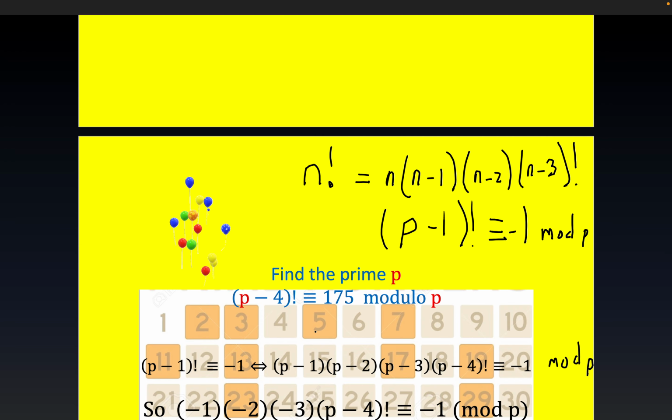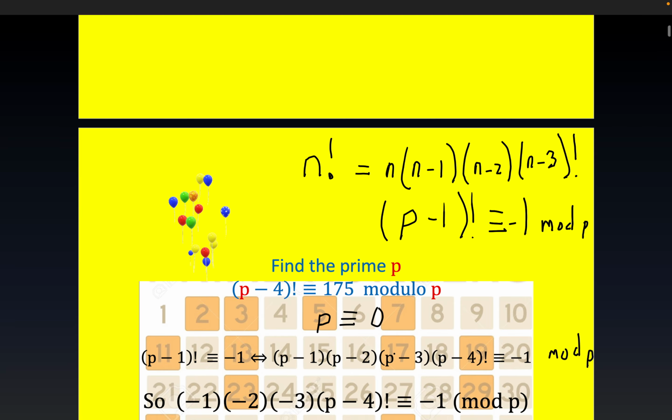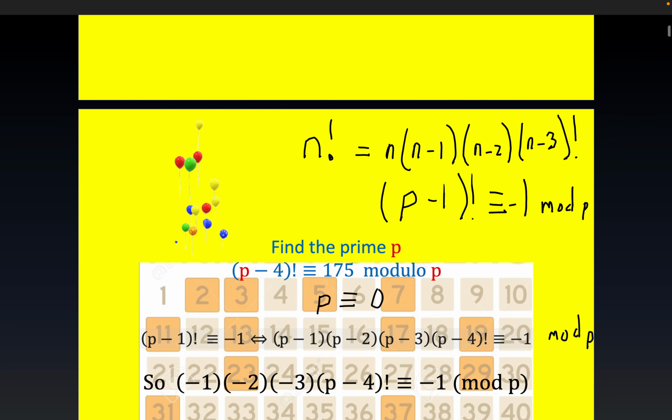Now a very, very useful fact here, and it took me a while to get used to this, is that P is congruent to 0 mod P. P minus 0 is P. So any multiple of P is congruent to 0 mod P. That's what happens here, just the definition of factorial going from here to here.